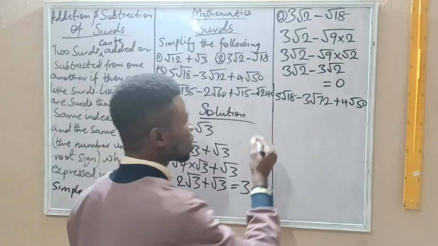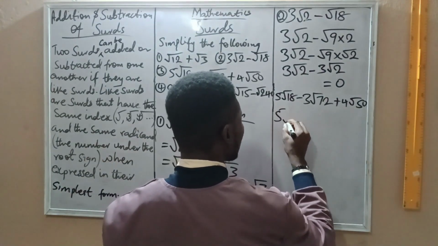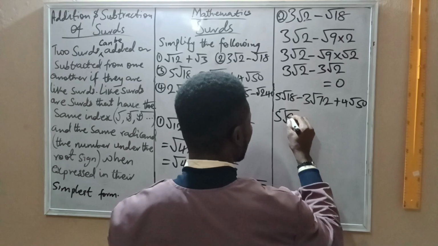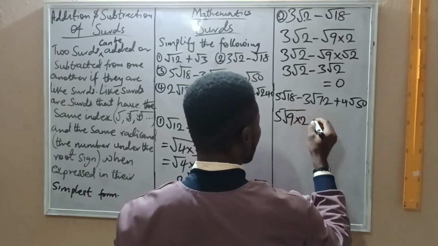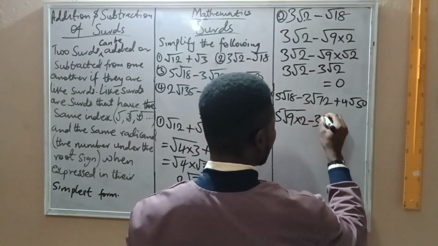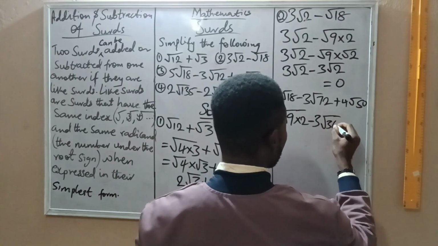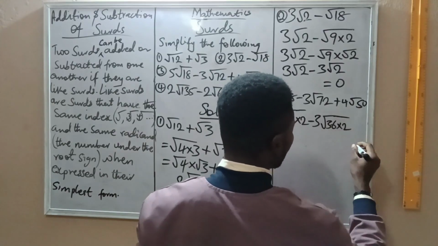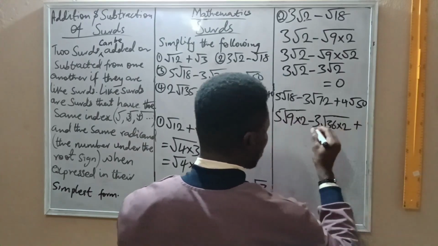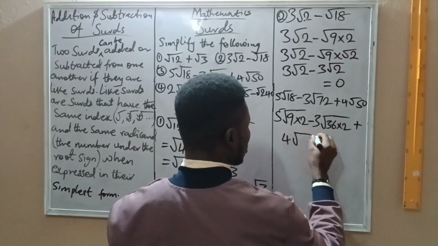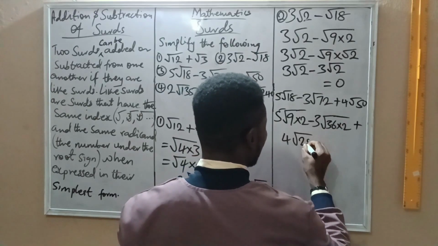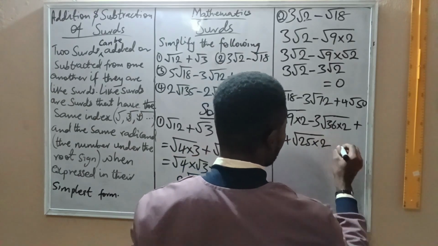So that means this will be equal to 5√(9 times 2) minus 3√(36 times 2), then plus 4√(25 times 2).